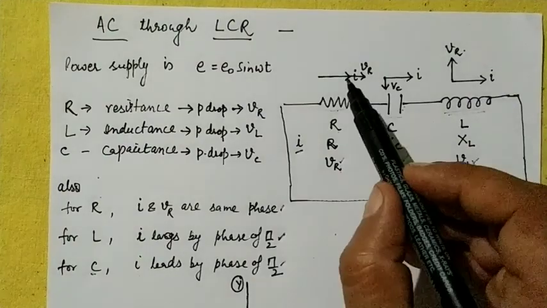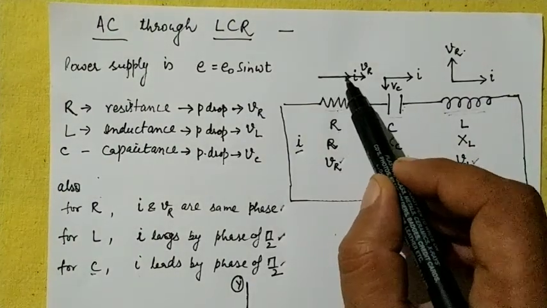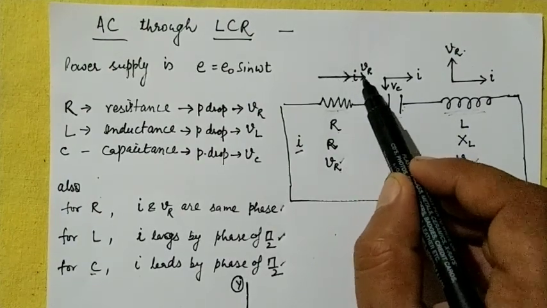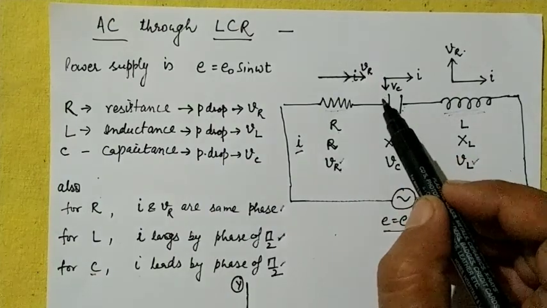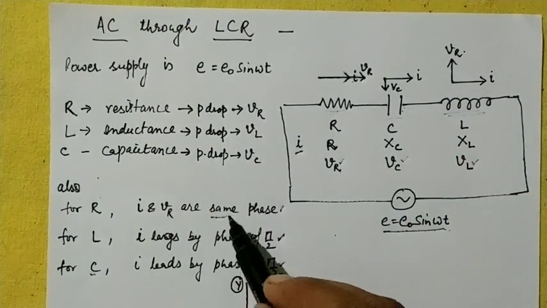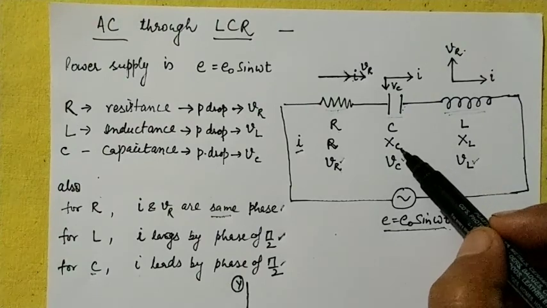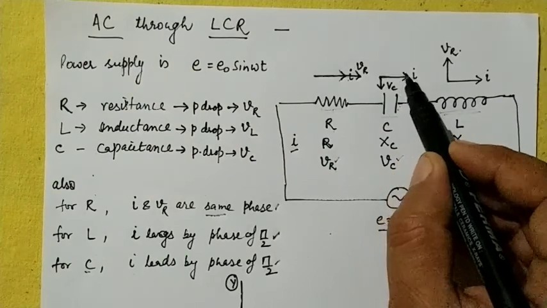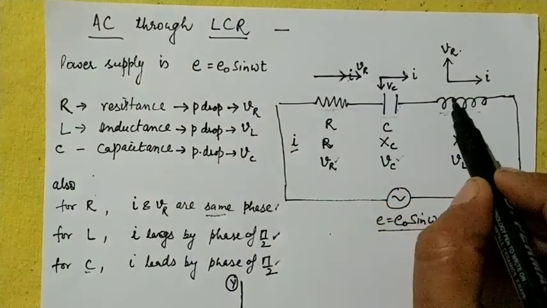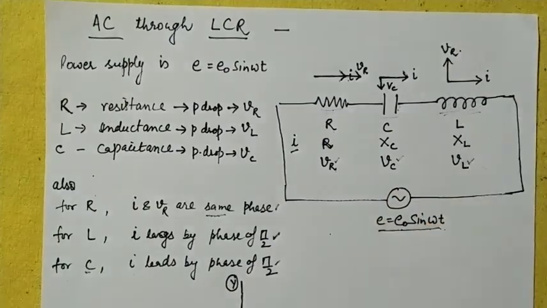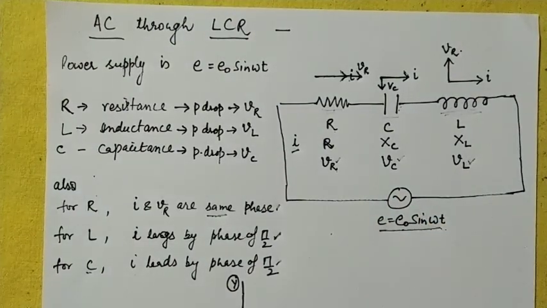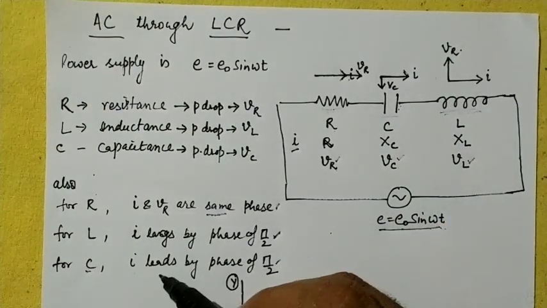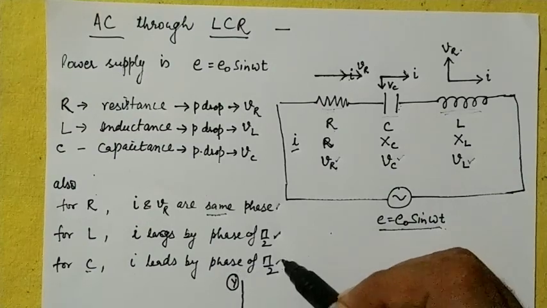If we draw this in a diagram, the current is along this direction, and the voltage is also on the same line because they are in the same phase. Similarly, for the capacitor, because they are in series combination, in all cases the current will be along this direction. Here the current leads the voltage by a phase of pi by 2.